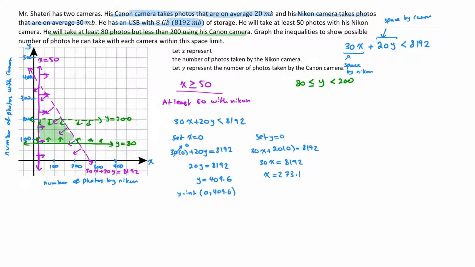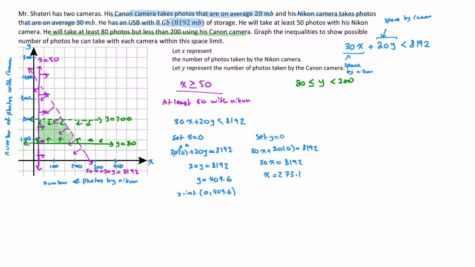I hope that gives you some good idea about how inequalities can actually be used in real life. This example, again, is a little bit more involved. It kind of uses a lot of our skills. It uses inequalities, it uses graphing inequalities, it uses finding x and y intercepts properly.